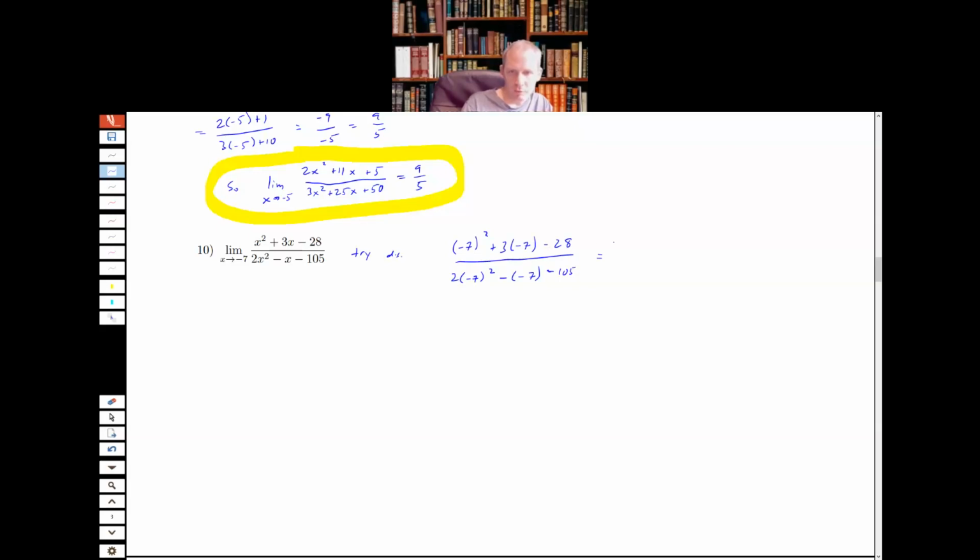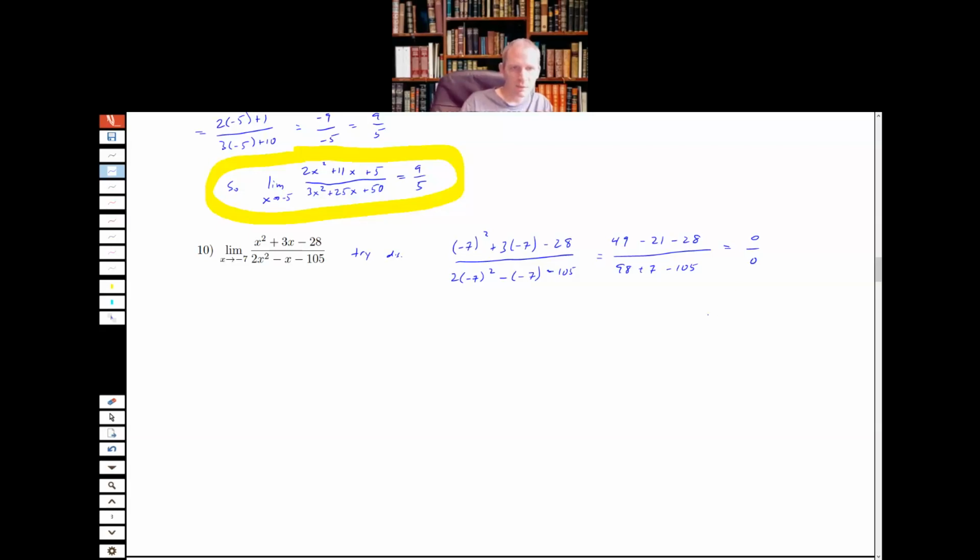Okay, so we have 49 minus 21 minus 28 up top. 21 and 28 gives me 49, so 49 minus 49 is 0. All right, on bottom we have 49 times 2, which is 98, minus a negative 7, so plus 7. 98 plus 7 is 105, minus 105 gives me a 0.